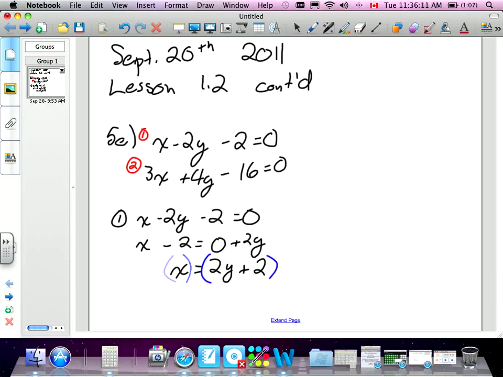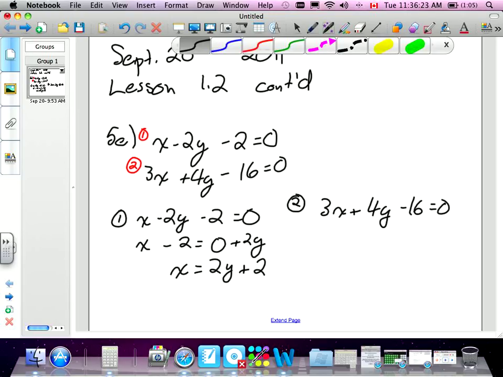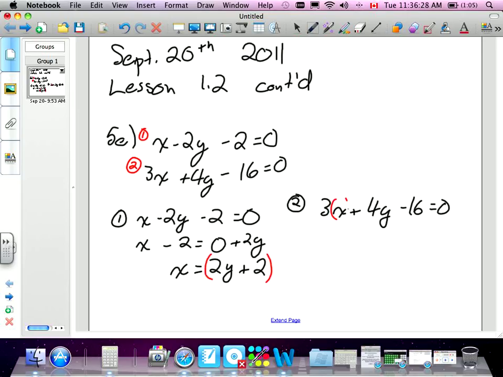So now I'm going to take equation 2, which was 3x plus 4y minus 16 equals 0, and I'm going to substitute. Okay? So I'm going to substitute this value in for the x in the other equation, because this says x is equal to.